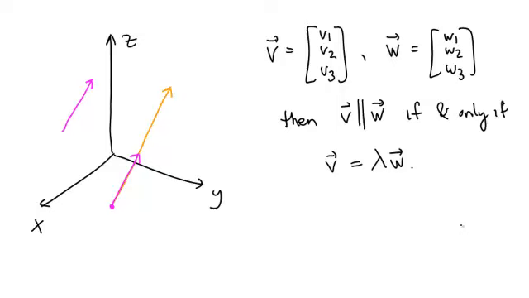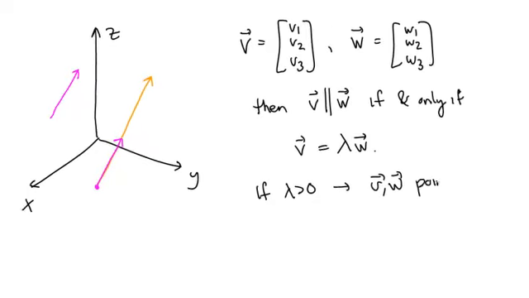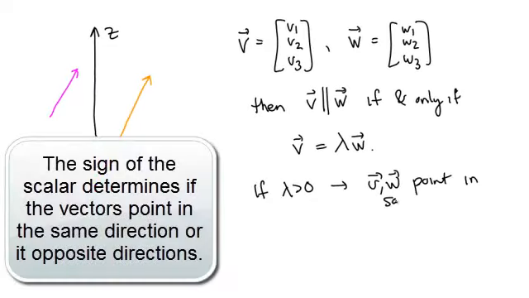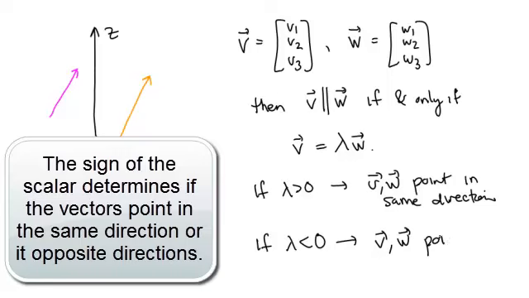I could even go a little bit farther. If lambda is a positive value, then v and w point in the same direction, because one would be scaled up, like in this picture. If lambda was less than 0, if it was a negative value, then v and w would point in opposite directions. If one points north, the other would point south.